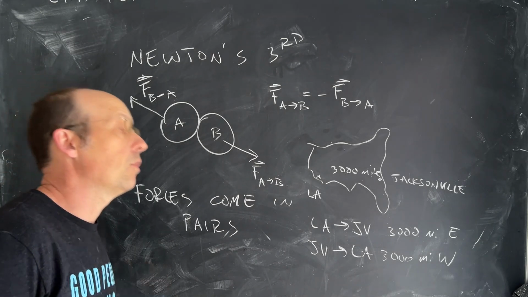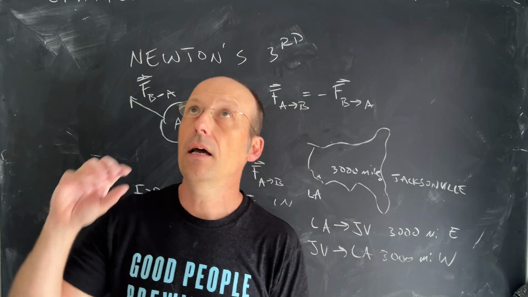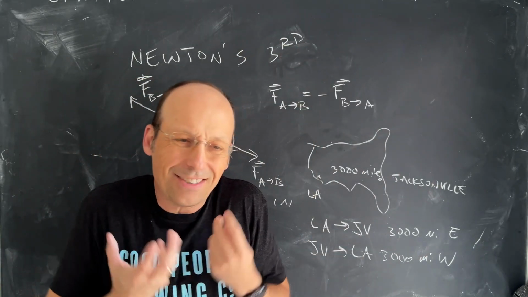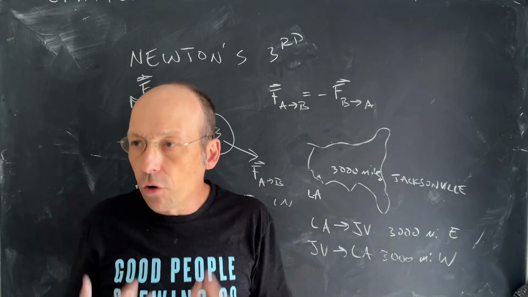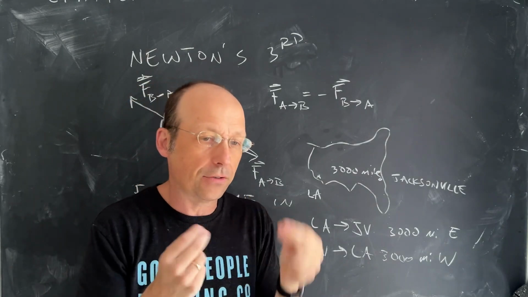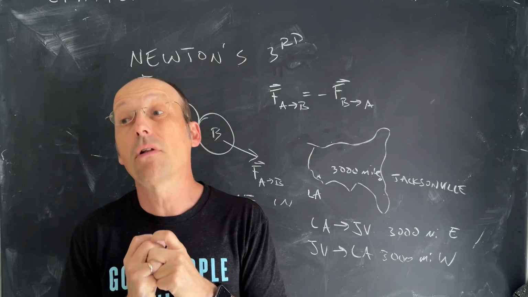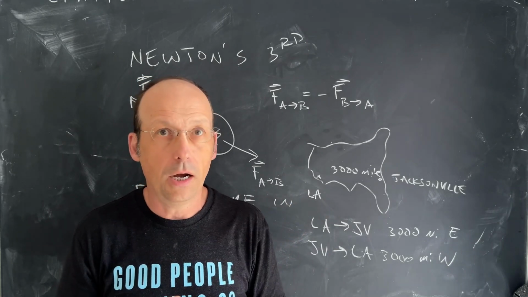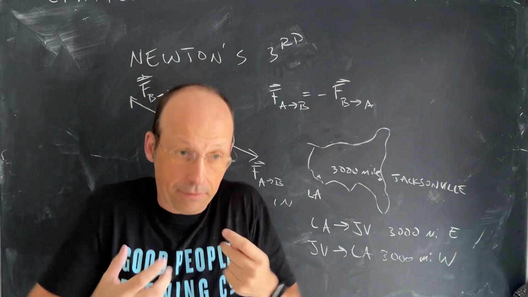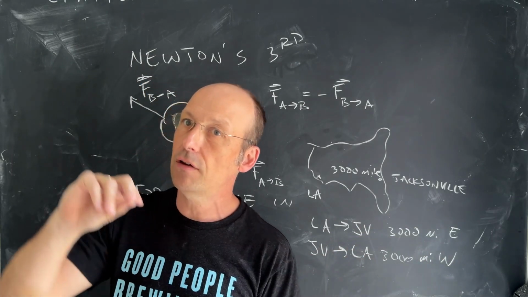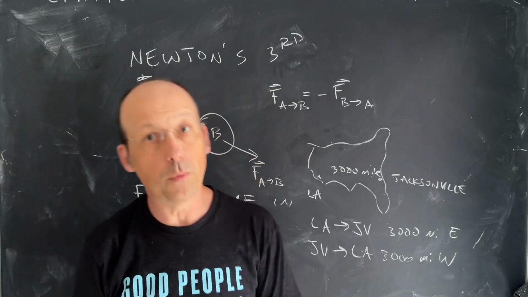Now, you will see for every action there's an equal and opposite reaction. That's an old version of this, because remember, Newton didn't have all the same terminology that we use now. And I don't like that, because action and reaction imply changes in motion, or something happening, some action verb. It's a better definition of conservation of momentum, which we will get to later.